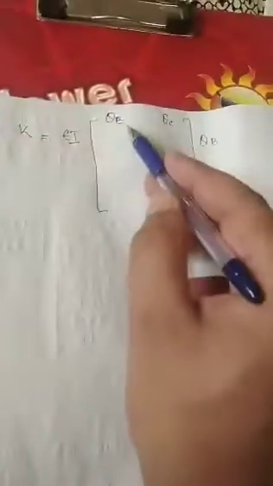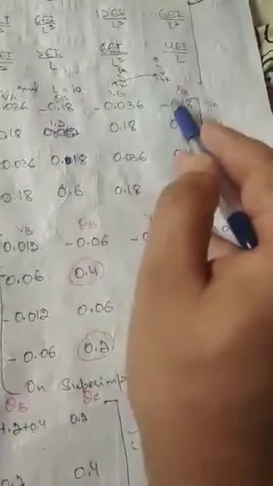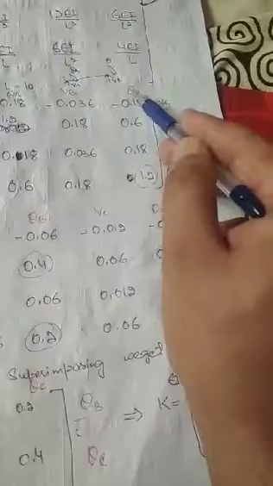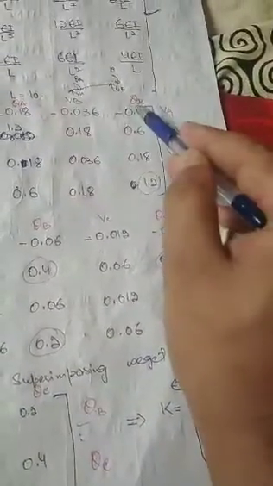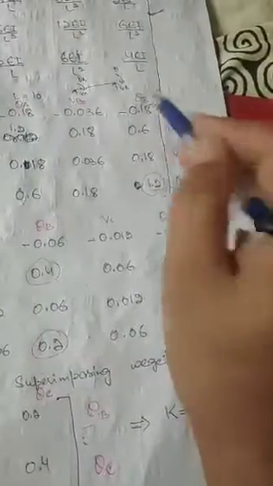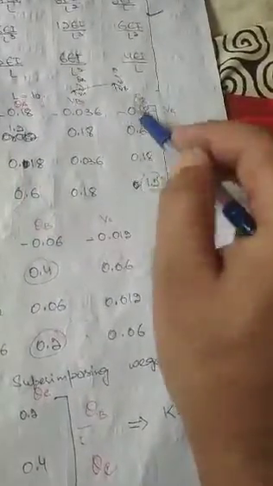Let's check. The first element is theta A, theta B. So we will check the first matrix KAB, where we look for theta B and theta C. Theta B is here, theta B and theta B. This is the column, this is the row. Column to row, we check the value of theta B and theta B. It is 1.2.